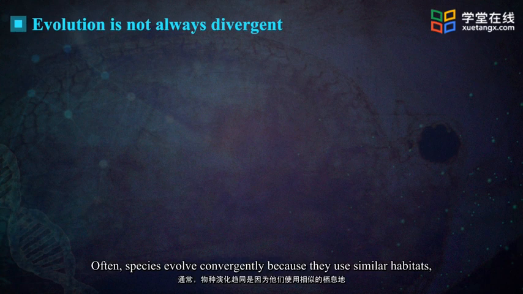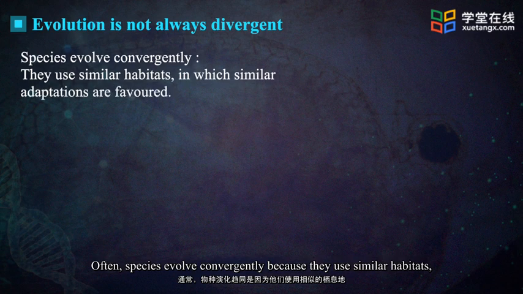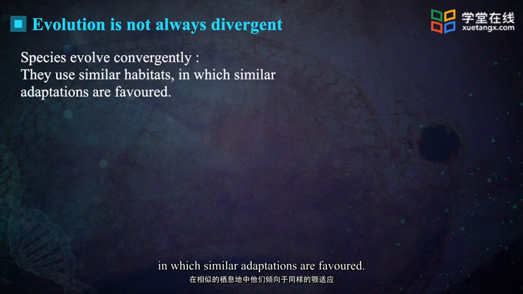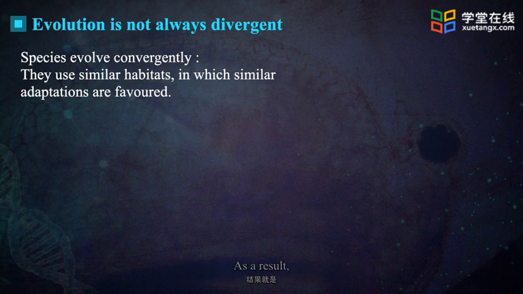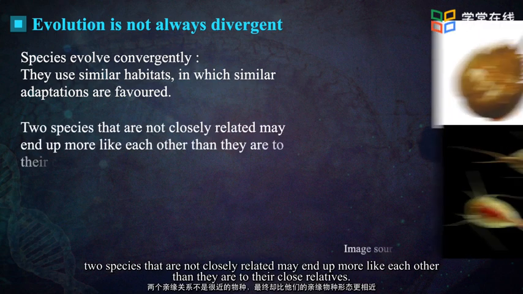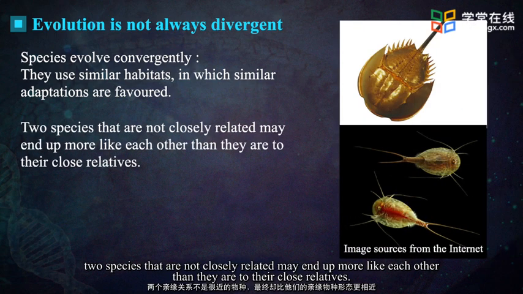Often species evolve convergently because they use similar habitats in which similar adaptations are favored. As a result, two species that are not closely related may end up more like each other than they are to their close relatives.